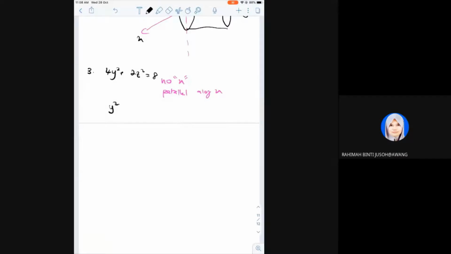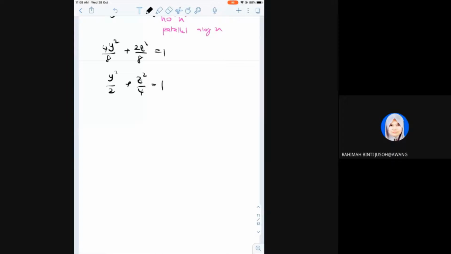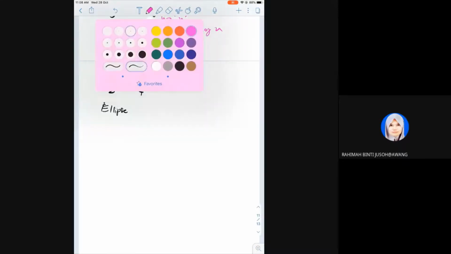Y squared divided by 8 plus 2z squared over 8 equals to 1. Therefore, y squared over 2 plus z squared over 4 equals to 1. Okay, ni pun major axis Z juga. So this is an ellipse. Okay, let us plot the graph in 3D.